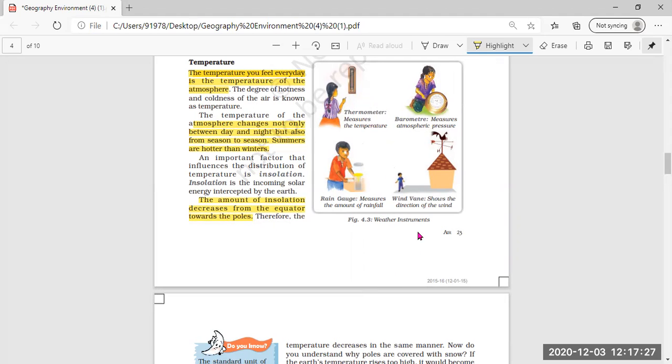In the side box, weather instruments are shown. First is the thermometer, which is used to measure the temperature. Second, the barometer, which measures the atmospheric pressure.